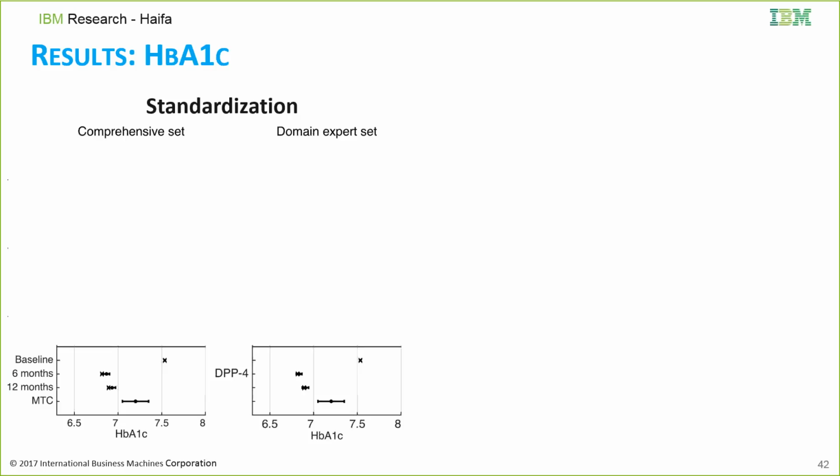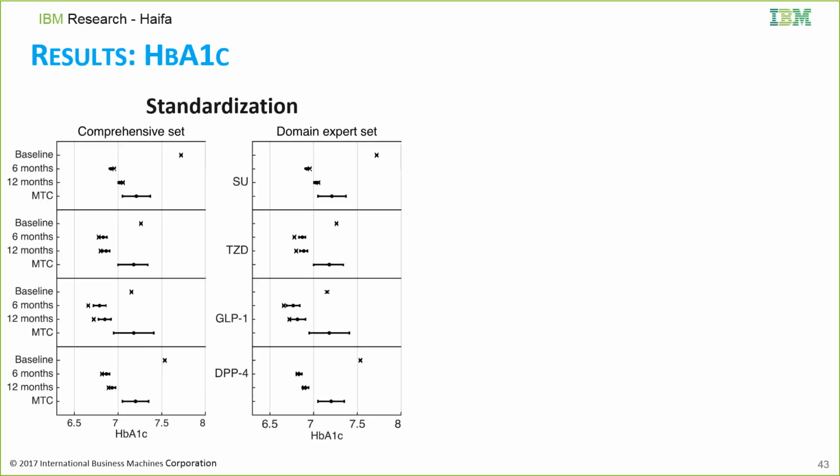So this is what we see on each one of these panels, and then we have this information for all 4 drugs, again comparing the comprehensive set of confounders to the one defined by the domain expert.